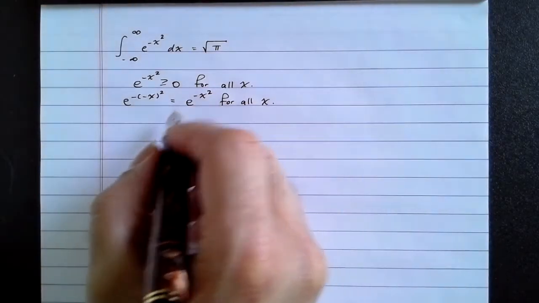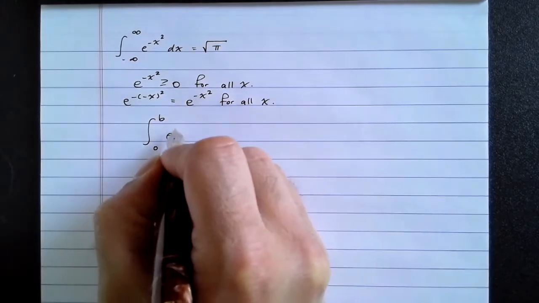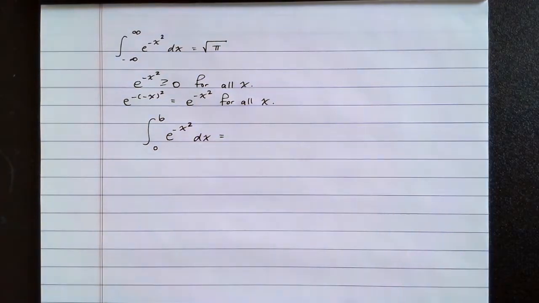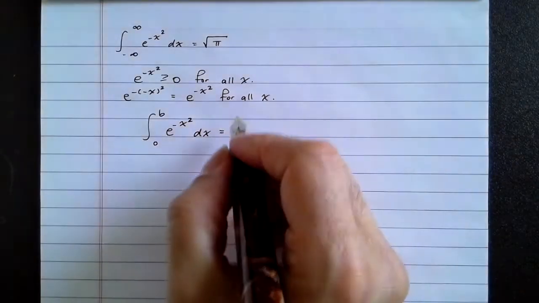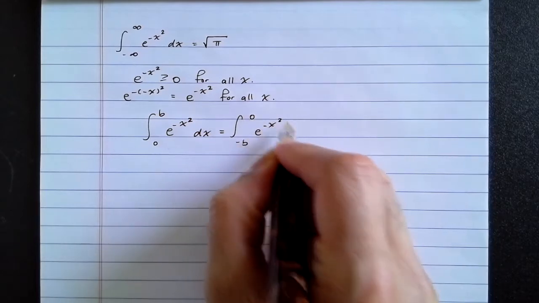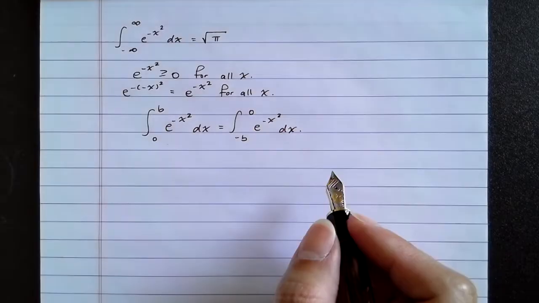So what that means is that if I look at the integral from 0, say to b, this is equal to this integral, just by flipping it around.